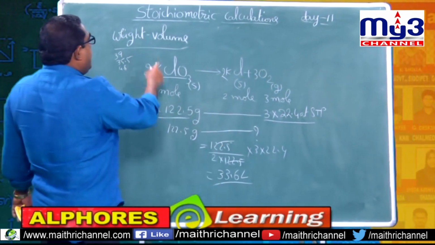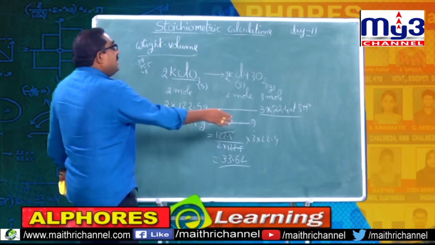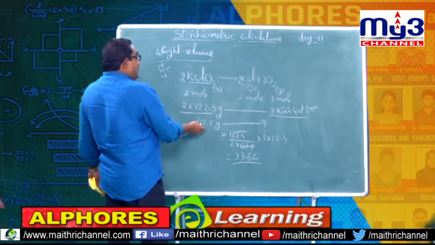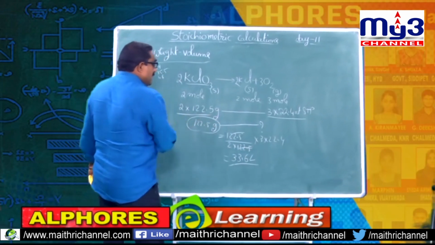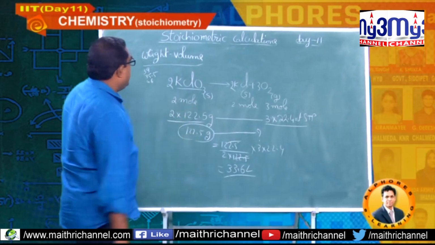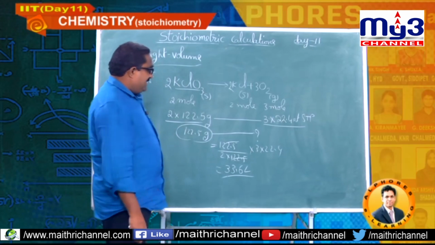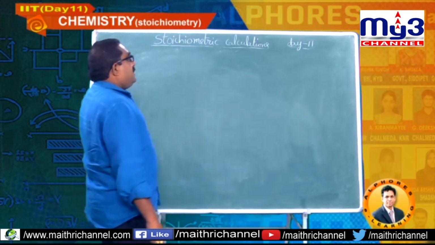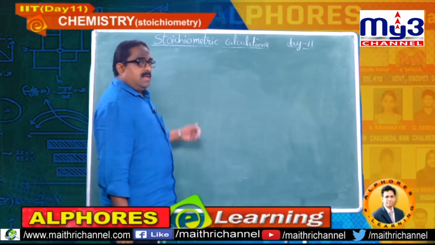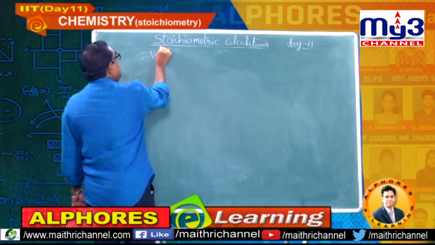What is the mass of potassium chlorate sample decomposed? Then you have to go for the reverse, and you will get the answer as 122.5 grams. So this type of calculation comes under the heading weight volume calculations. Please note it down.